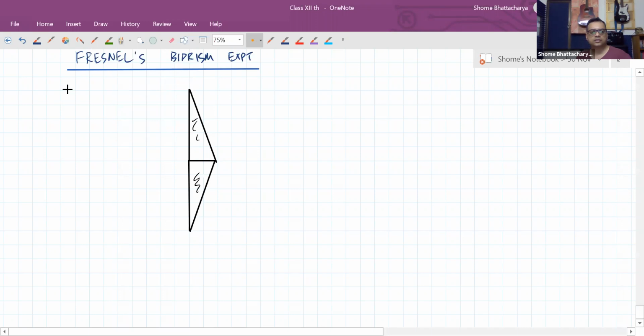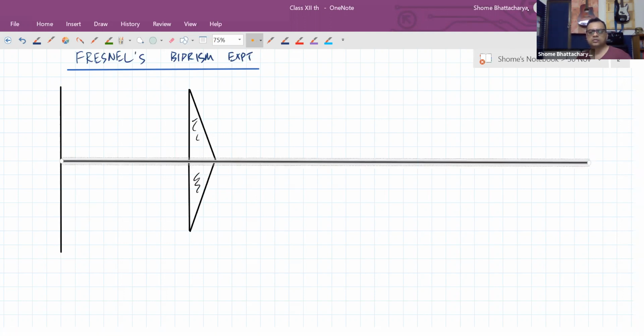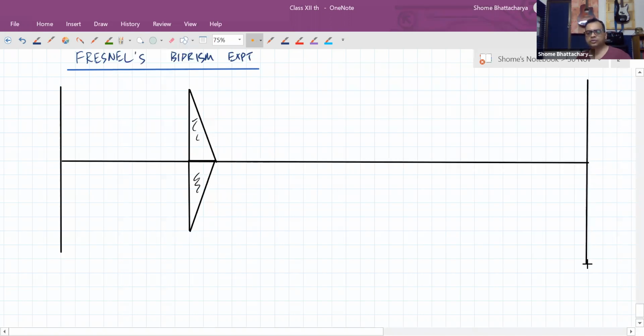And then you have that standard kind of situation where you have an opaque wall, and you have a screen on the other side at a very large distance, on which you observe the interference pattern. So this is just a symmetry line.